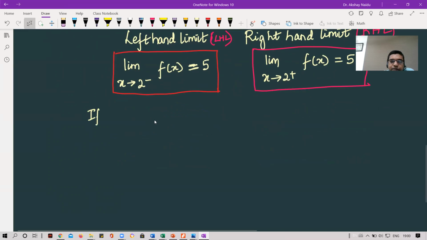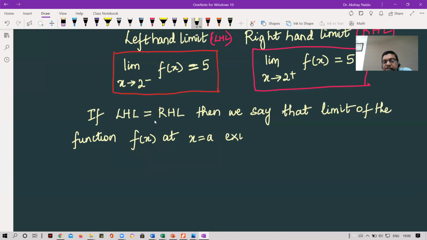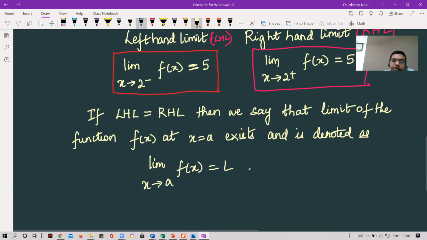So if LHL is equal to RHL, then we say that the limit of the function f of x at x equal to a exists and is denoted as limit x tends to a f of x equal to L, whatever the value is.